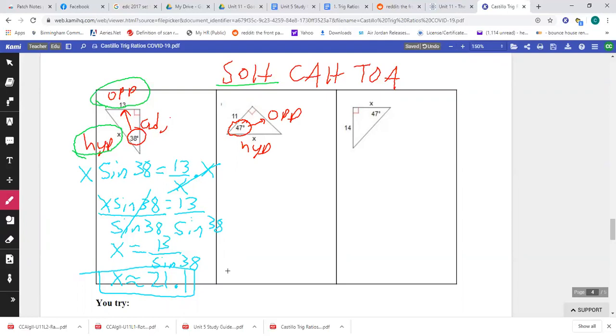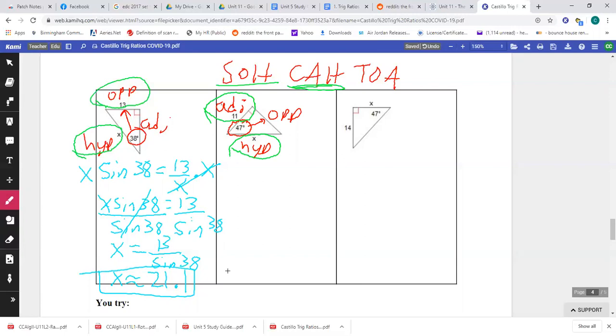Next to the 47 is your adjacent. Next step is to identify your given. That's the 11, and you are looking for the hypotenuse, that is x.